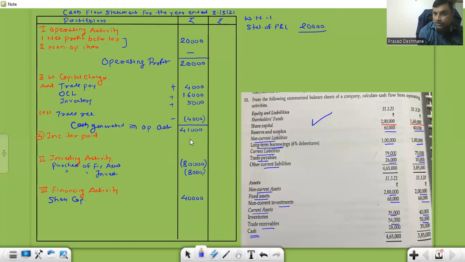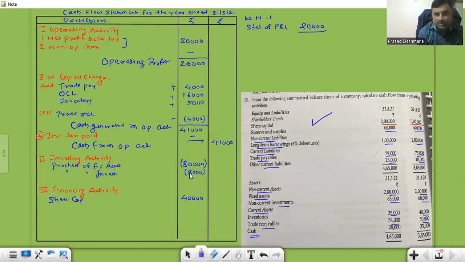And from this cash from operating activity, I'll subtract the income tax paid. Then I'll get the final figure. In this sum, there is no income tax. That's why I'm not subtracting. So this is the final total of the operating activity. For this, we'll write cash from operating activity.